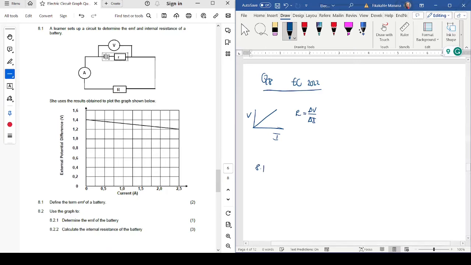Now 8.1, define the term EMF of a battery. Okay, a different question this time. They're not asking us about Ohm's law. The EMF of the battery is basically the total energy per coulomb of charge that a battery can supply. And therefore you get that equation: EMF is equal to your terminal potential difference plus your lost volts.